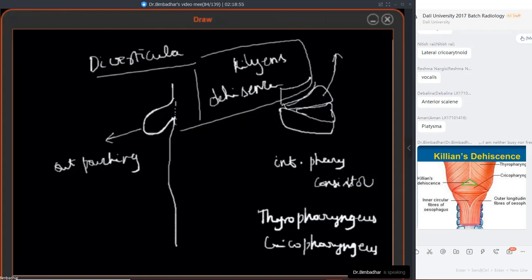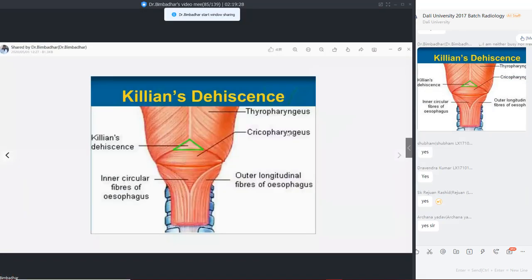You can actually see that there are two muscles, the thyropharyngeus and the cricopharyngeus. Thyropharyngeus is the oblique muscle and the cricopharyngeus muscle is the horizontal muscle. And immediately we have the inner circular fibers and outer longitudinal fibers of the esophagus. Can you see the image? Did you open it?